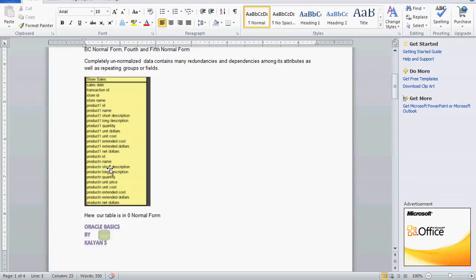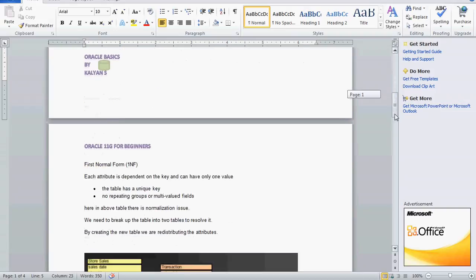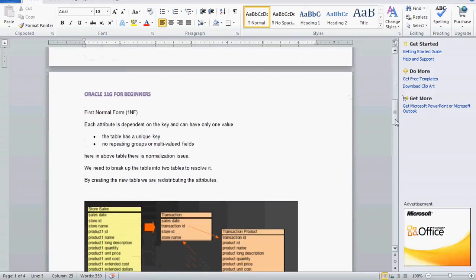If you want to convert this into first normal form, you have to follow the rules of the first normal form. Here each attribute, meaning column, is dependent on the key and has only one value. The table should have a primary, that means unique, key.